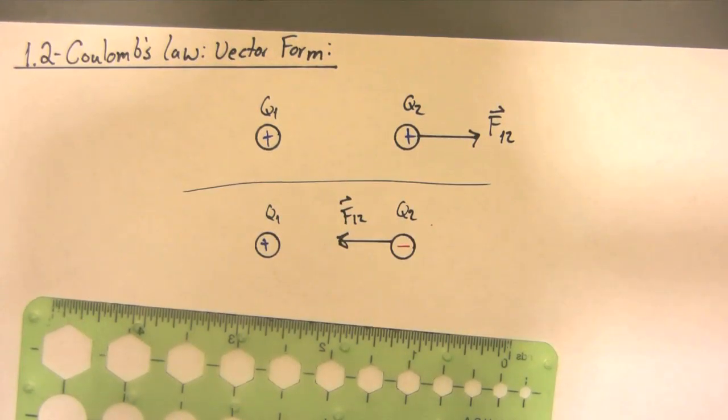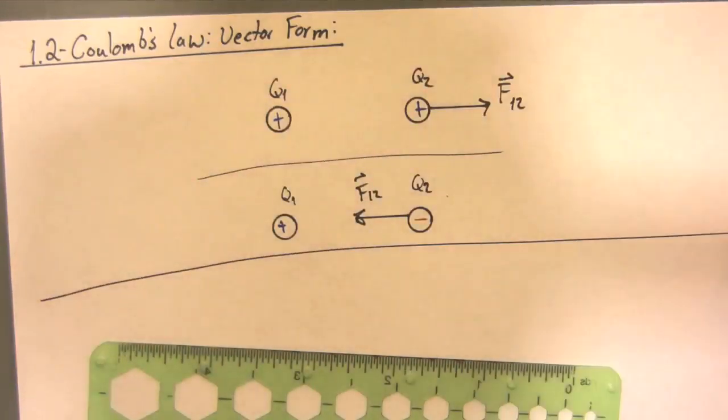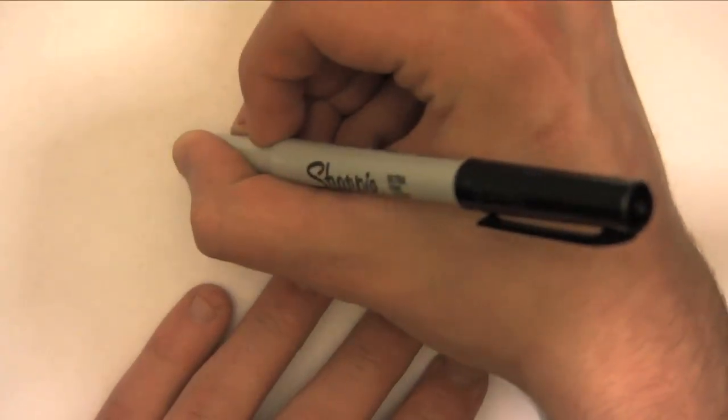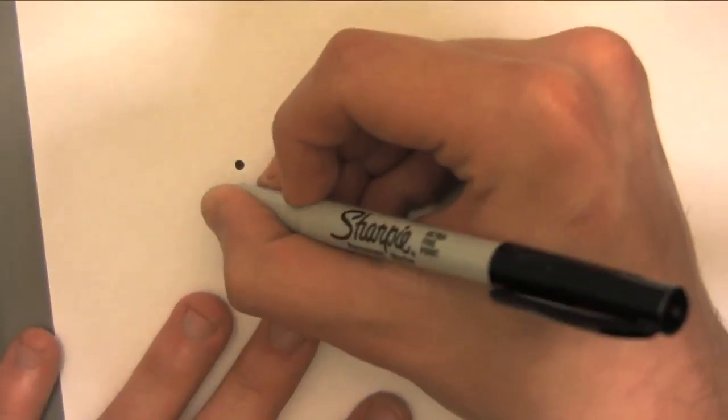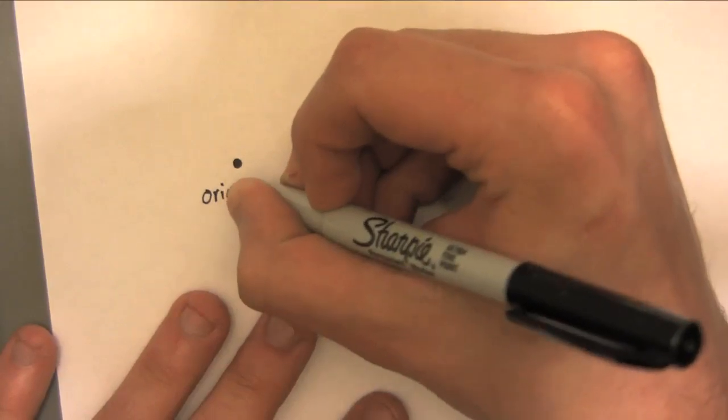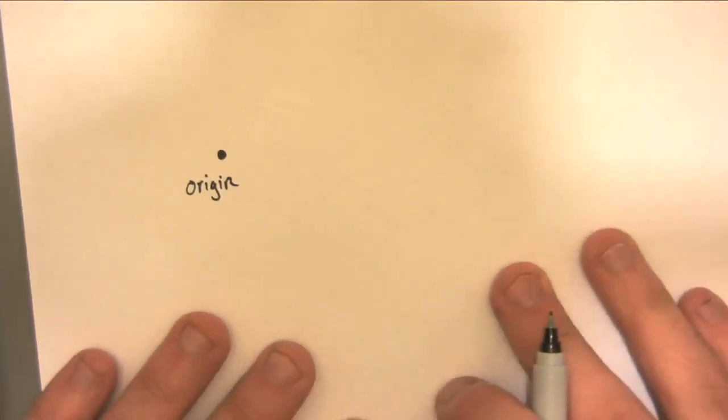Now, to give a more formal explanation to this, let us consider we have an origin point. That's going to be our frame of reference, for lack of a better word. It's going to be our origin.